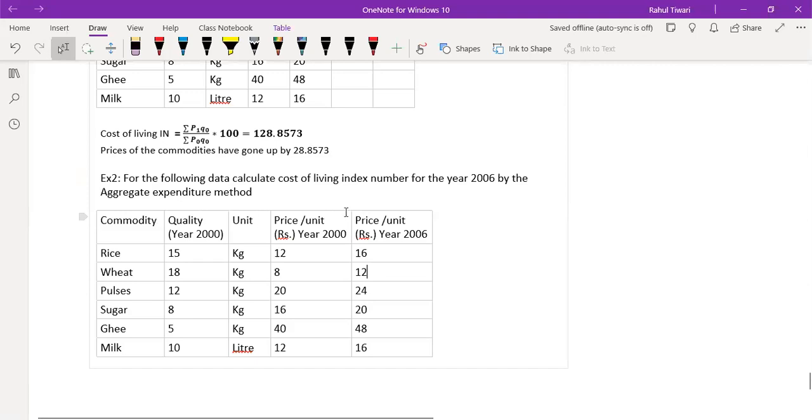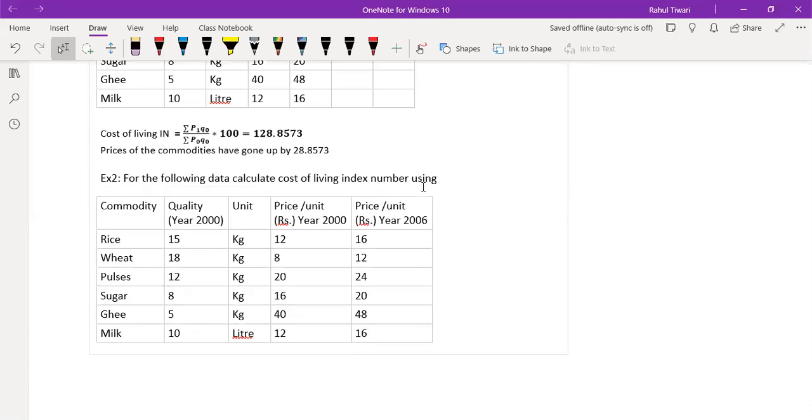Cost of living index number using the family budget method. So you can take this as an example and practice it.